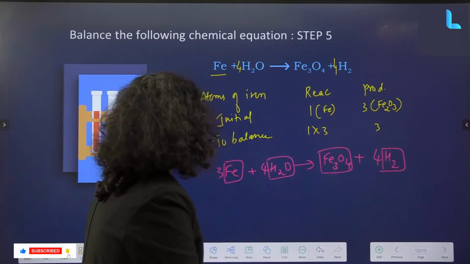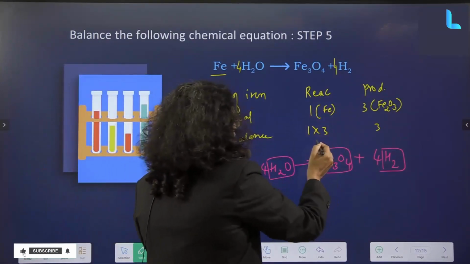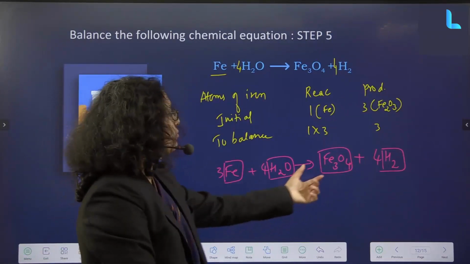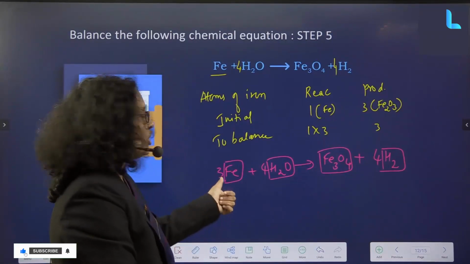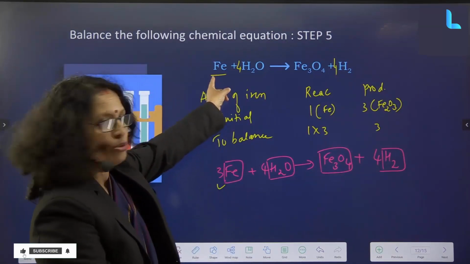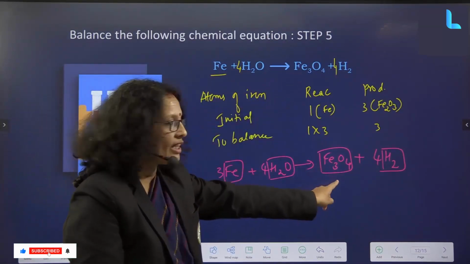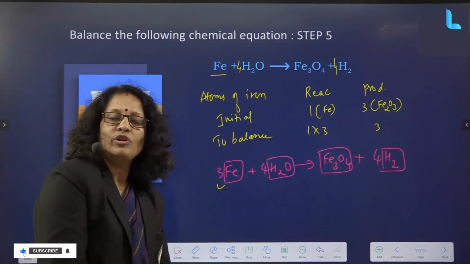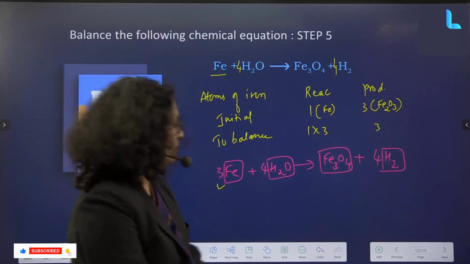Fe3, 3 iron atoms are there. So cross multiply, this 3 into 1 and this 1 into 3. So what will be the next step here? 3 Fe. So now iron is balanced. Right hand side Fe3 is there, left hand side there is only Fe. So multiply by 3, we can balance it by cross multiplication, okay.